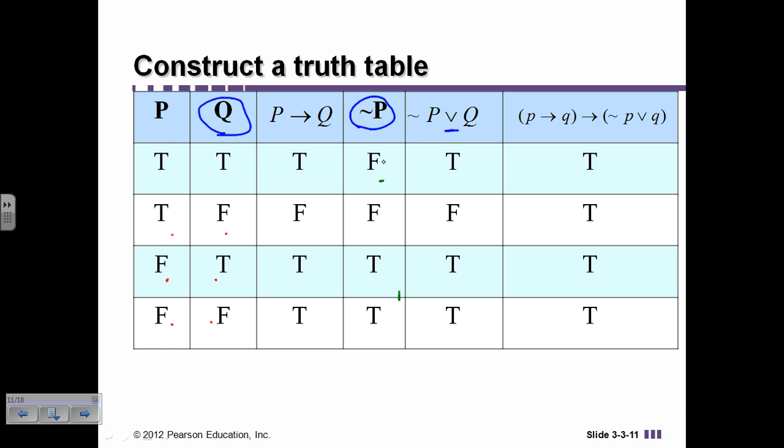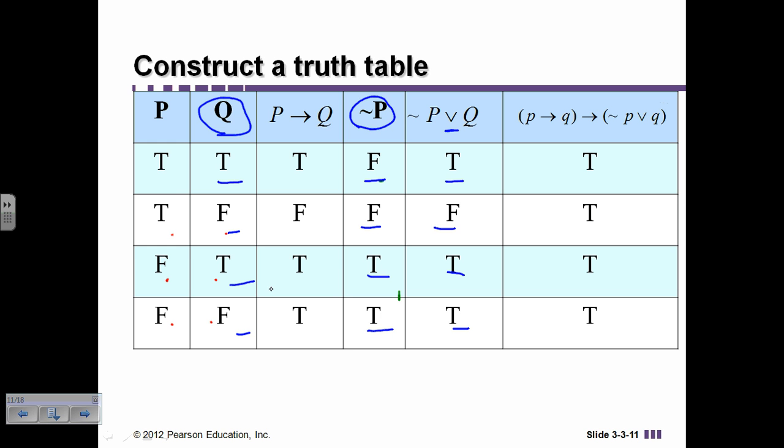What we want to remember is that with the OR value, if one of the two components is true, then our result will be true. So the first time we're comparing true and false. Since one of them is true, the result is true. False or false is false. True or true is true. And false or true is true. So we now have that column of values.